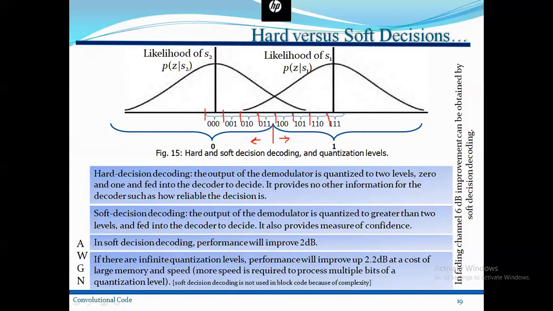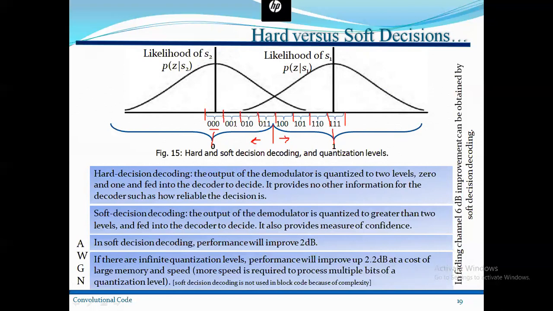So for example, if I say that I have the answer 000, I can have a high confidence that the transmitted bit is 0. And if we have 111, I have a very high confidence that the transmitted bit is 1. So this quantized sequence will help us to determine the decision with confidence.